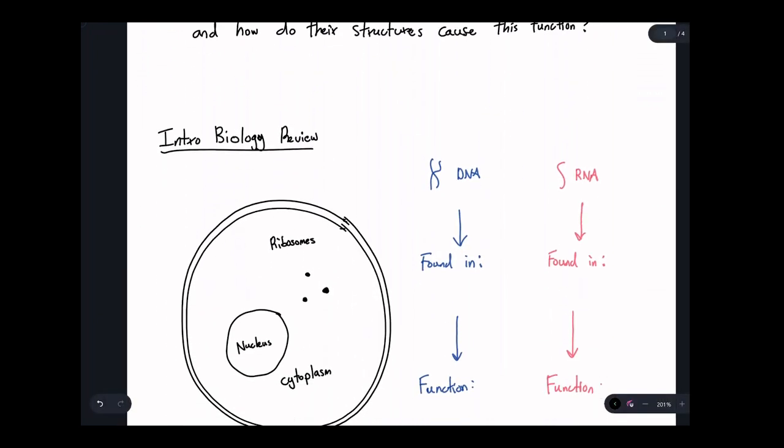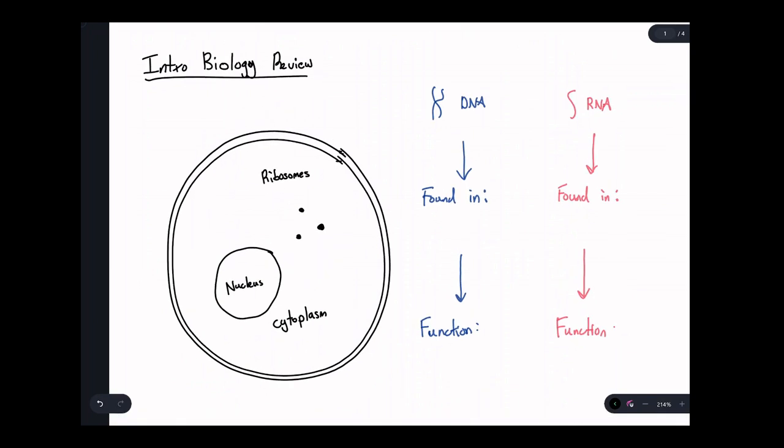So let's do a quick review to answer that question, intro biology, right? DNA is found in the nucleus of the cell. So keep it blue. Here's my DNA, right? And what is its function? It functions as a store of information. We learned from the Hershey-Chase experiment the initial proof of that.